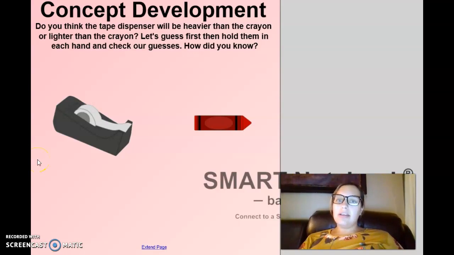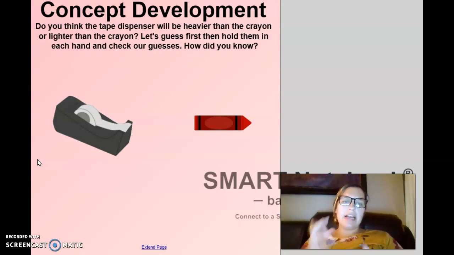Our last one. Do you think the tape dispenser is heavier than the crayon or lighter than the crayon? A tape dispenser has stuff to weigh it down to keep it on the table too. So think about that. If it has a weight in it, do you think it's going to be heavier or lighter than a crayon? Heavier. Crayon's pretty light.